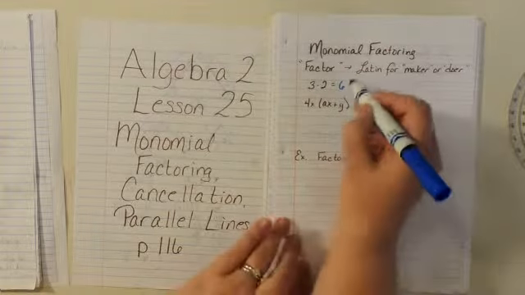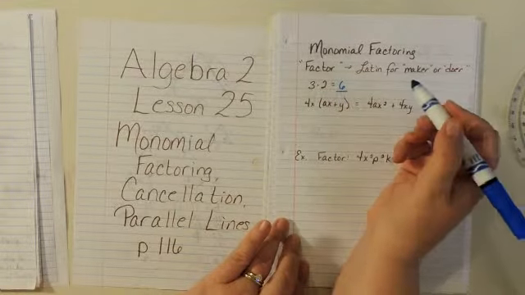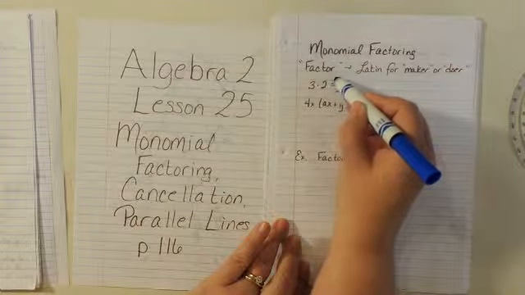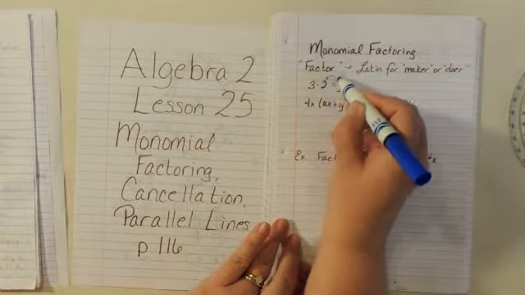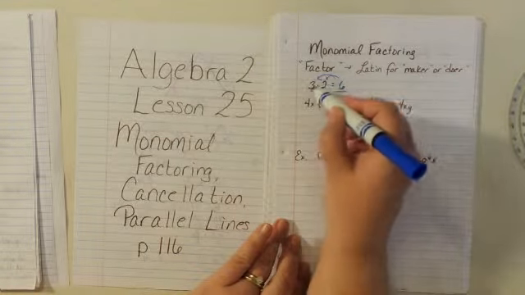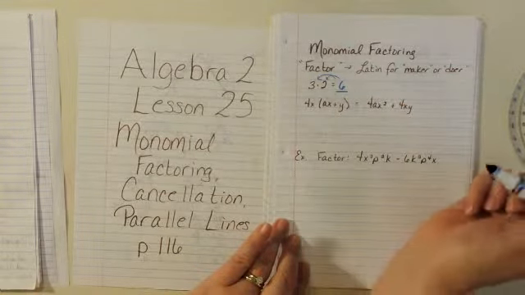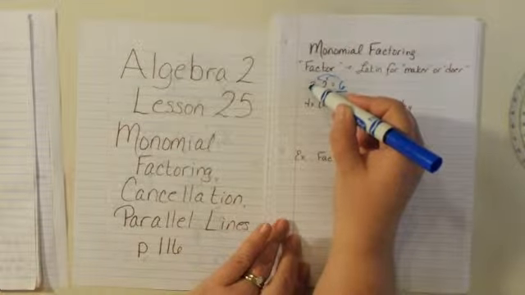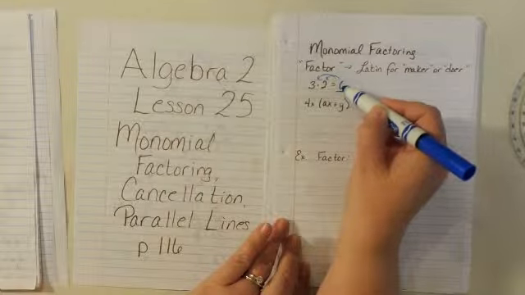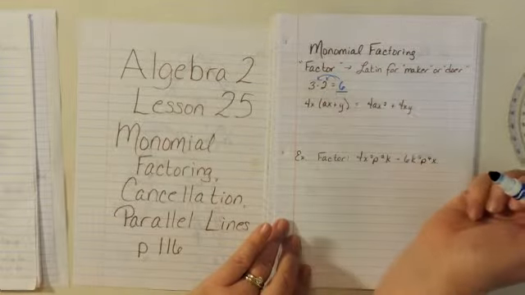Or, if we have an expression, in this case 6, and we can divide it, because of course division is the opposite of multiplication, then we would say that 3 and 2 are factors of 6. We can look at it this way because we can multiply 3 times 2 equals 6, or because we can take 6 divided by 2 equals 3.